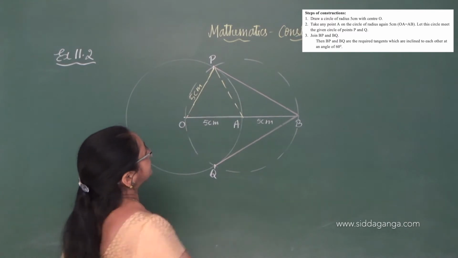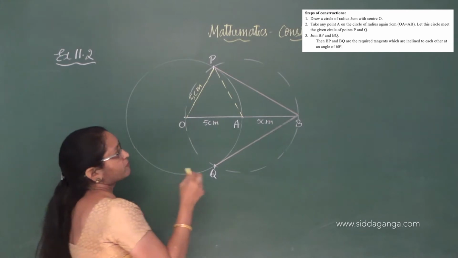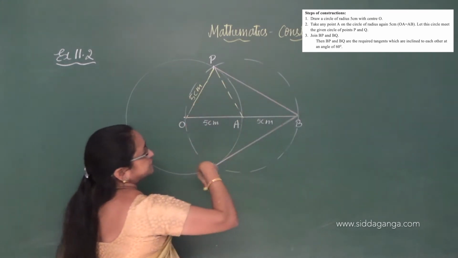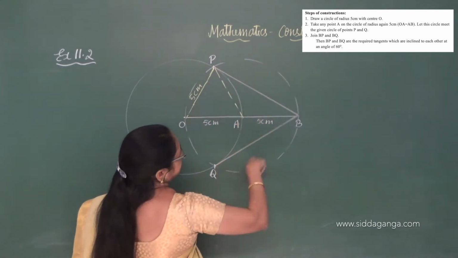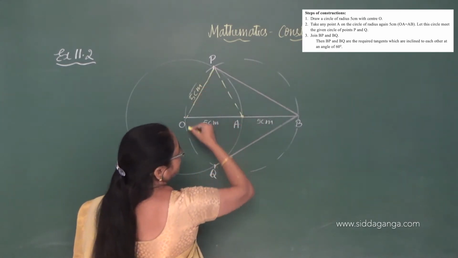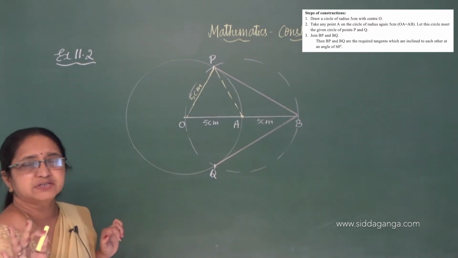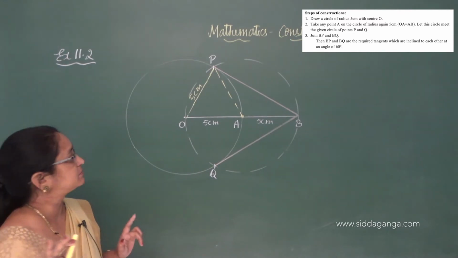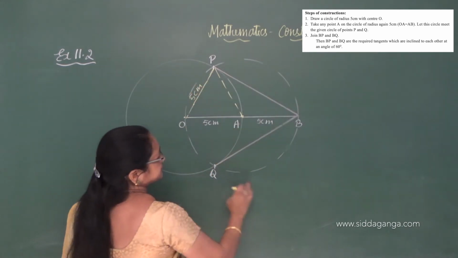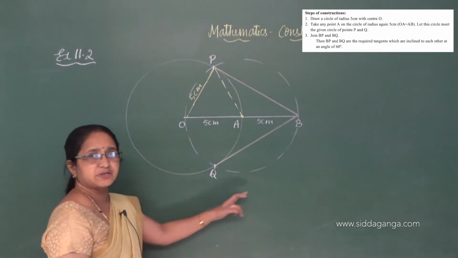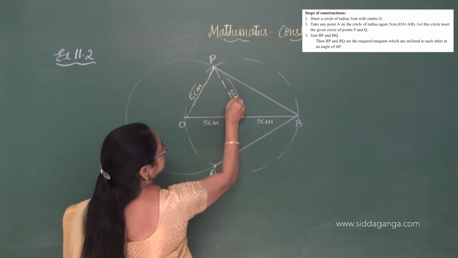PA is the radius of the new circle which I have drawn with the dotted line, with center A. This circle also has radius 5 centimeter. Do you agree with that? Because here this was 5 centimeter, and with that radius I drew another circle. So this is also 5 centimeter.